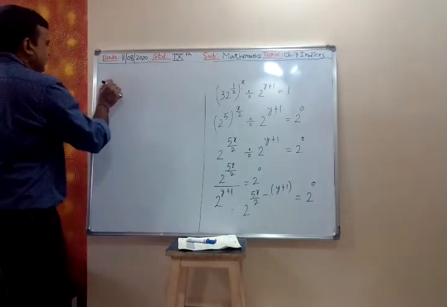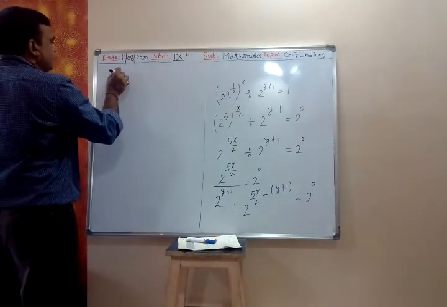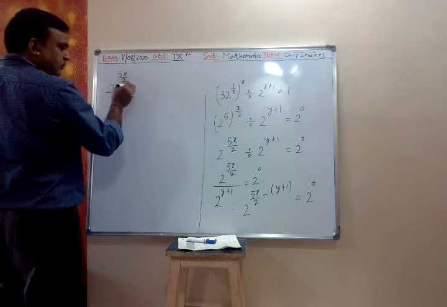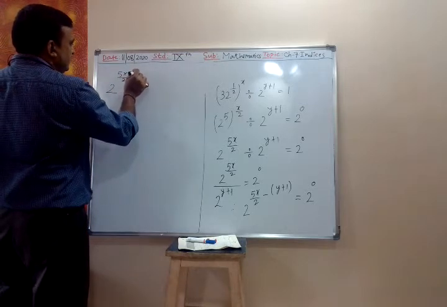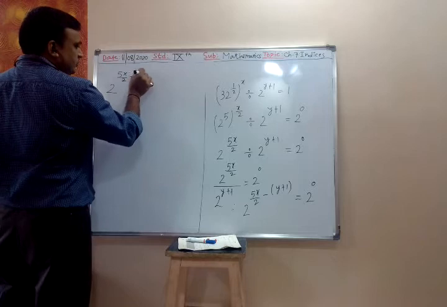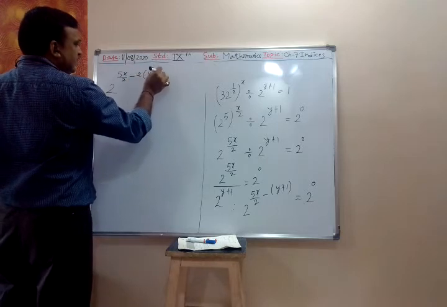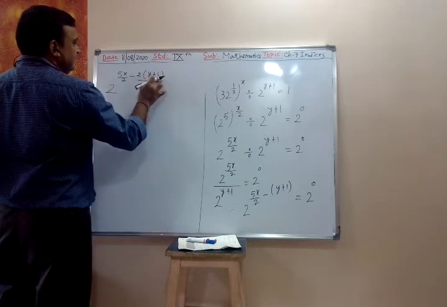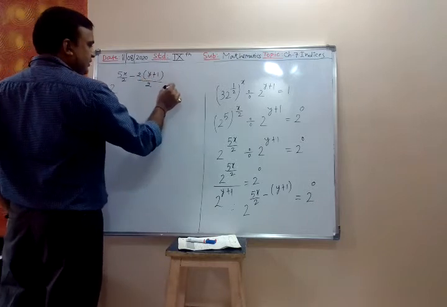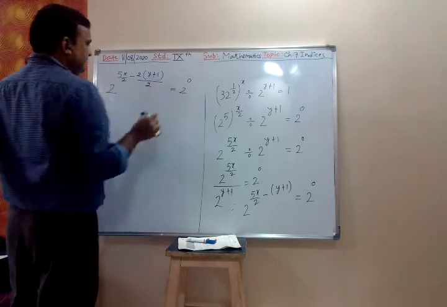So 2 raised to 5x by 2 minus 2 into y plus 1 upon 2, LCM I am taking as 2, is equal to 2 raised to 0. All of you agree?